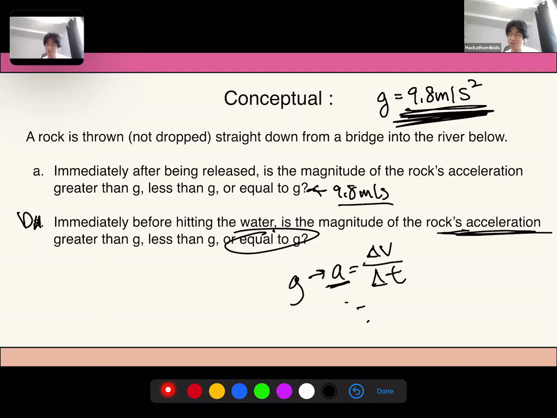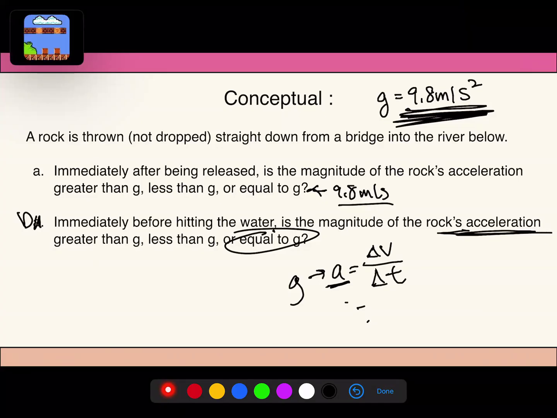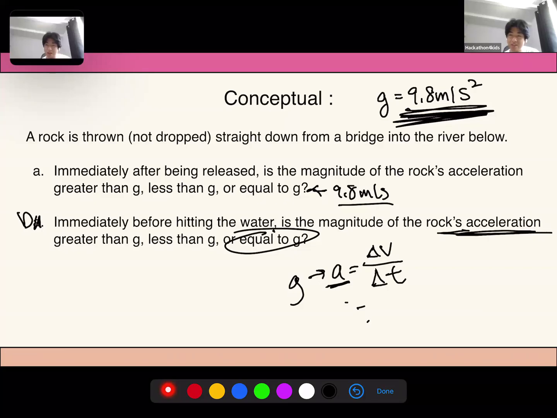Why? You guys will learn this on Thursday with me, but what causes acceleration, right? Forces cause acceleration, okay? If the only force you're experiencing is gravity, your acceleration is going to be constant. So as a projectile going down towards the ground, the only force you're experiencing is gravity, and since that force is constant, your acceleration is also going to be constant.